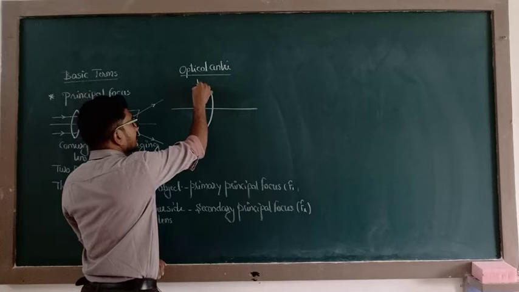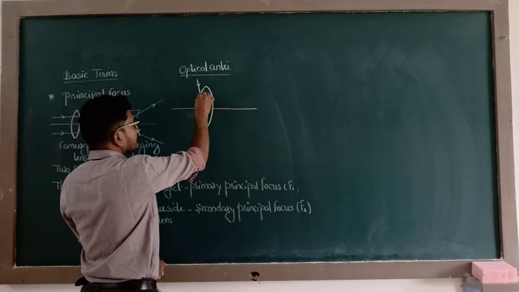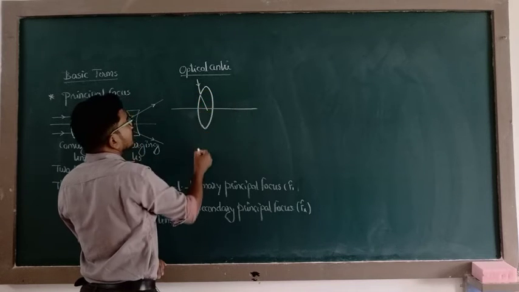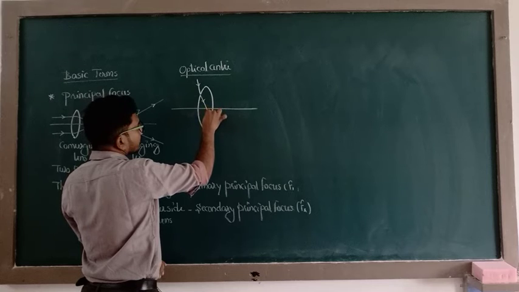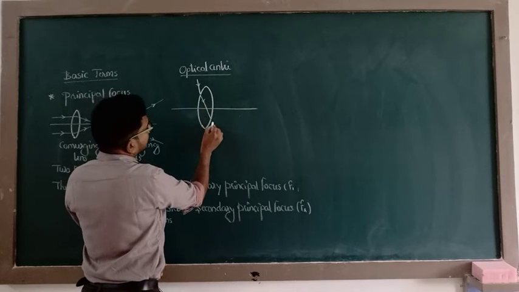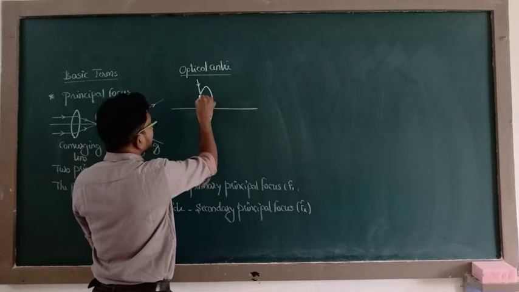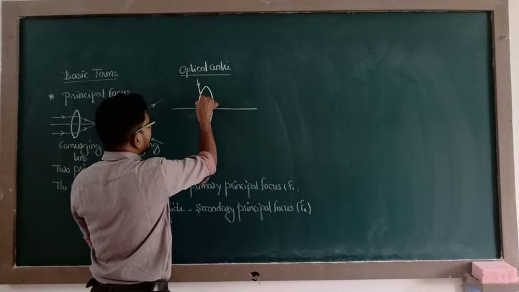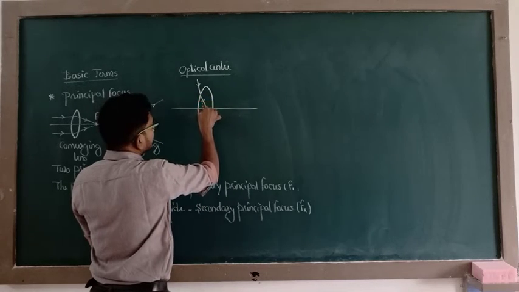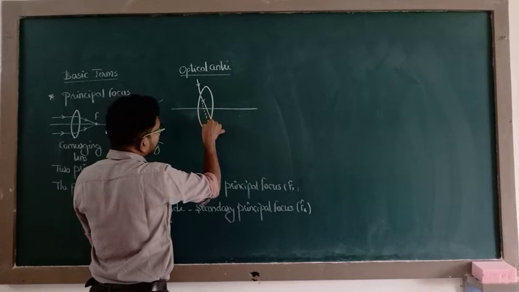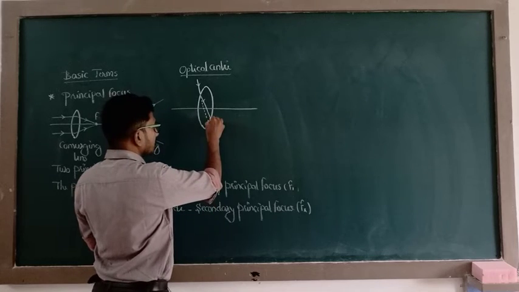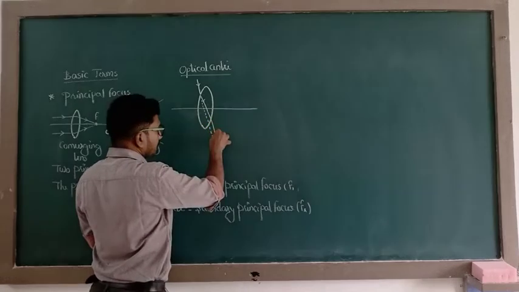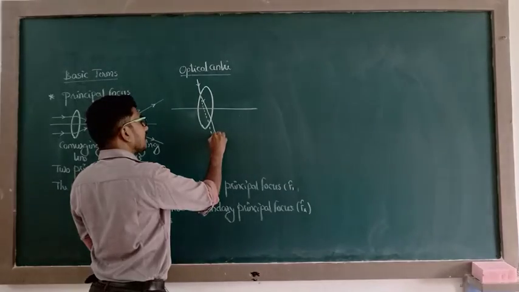Direction of incident light ray: going from rarer to denser, it bends towards the normal. Direction of the refracted light ray, direction of emergent light ray. So this is the actual path of the incident light ray in the absence of this optical medium.